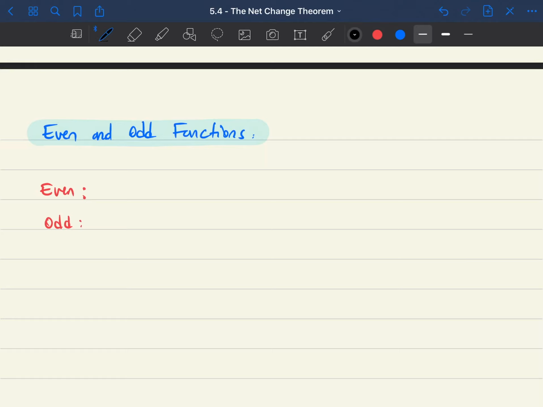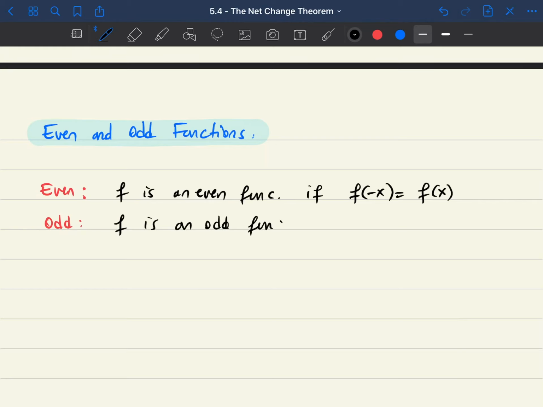A function is even if f of negative x is equal to f of x, and f is odd if f of negative x is equal to negative f of x. Of course, you have other types of symmetries as well, but these are some of the basic types of symmetries.